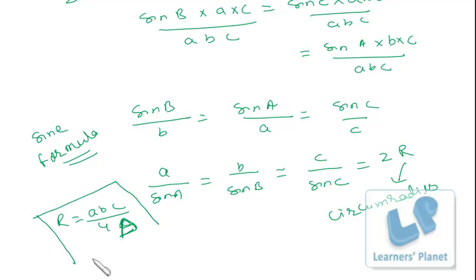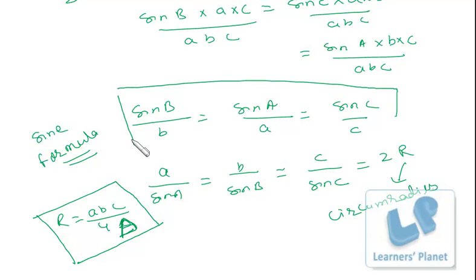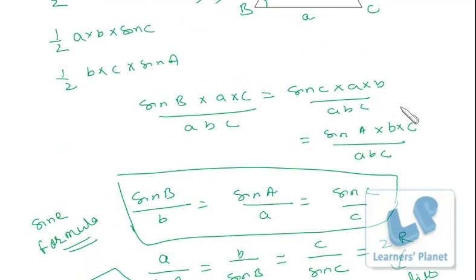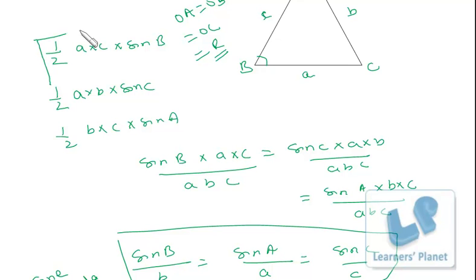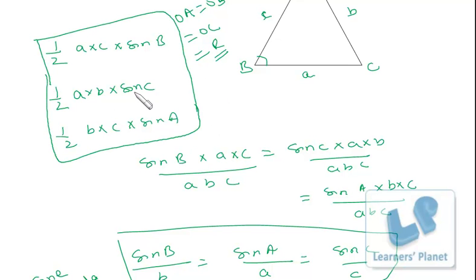This is a very important relationship. You can use it in many problems, this sine formula and the area of the triangle relationship. You can use any of the formulas.